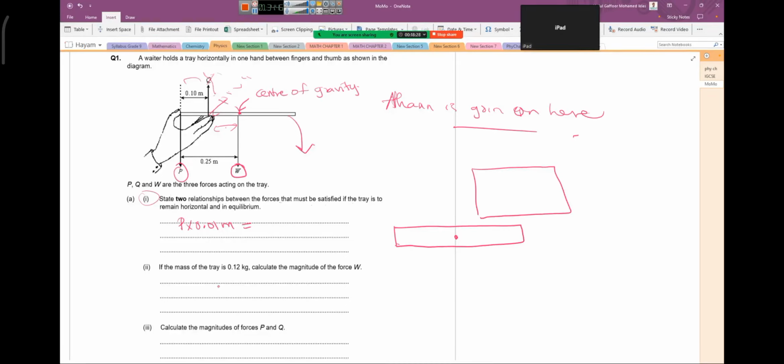What is this distance? Oh no, this is 0.025, and if you subtract this 0.01, this will give you this distance.